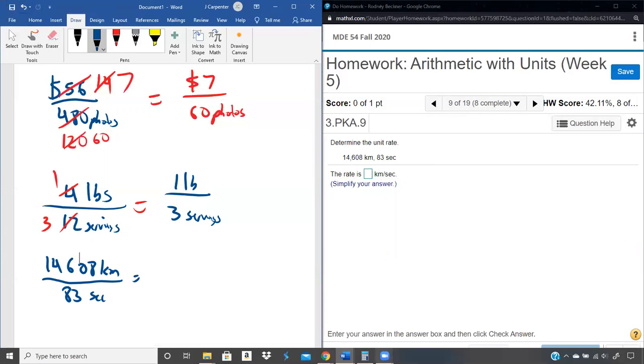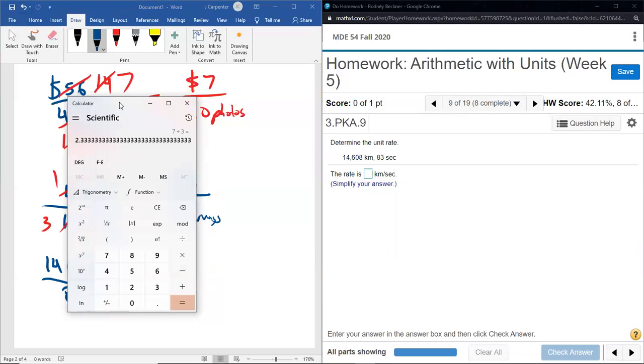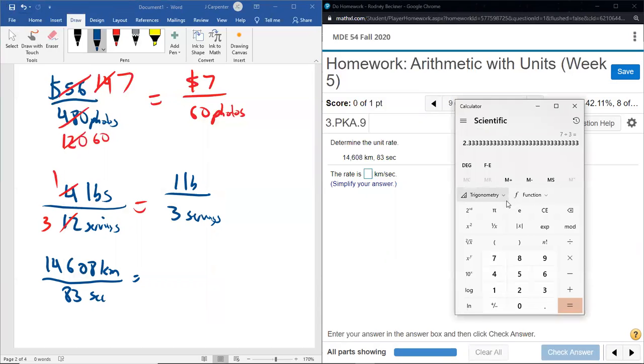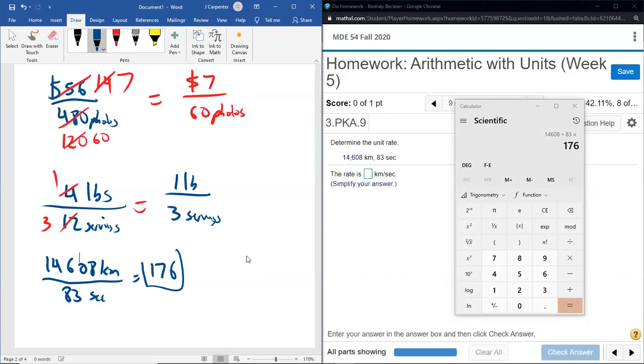Pull out our calculator. No one's doing that division in their head, I don't think. And that's perfectly fine. 14,608 divided by 83. And we get 176. So 176 is our answer, right? Nope. Not 176. That is not a quantitative reasoning student answer. It's 176 units, kilometers over seconds.